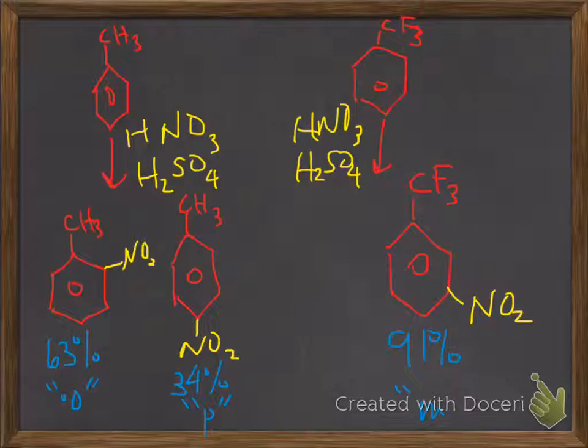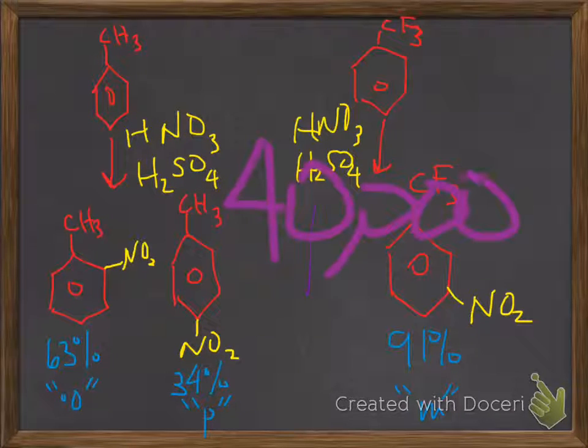Not only did you only get one, but amazingly, the one for the meta position is actually 40,000 times slower. So it's much, much slower than the toluene, which directs it to go to either the ortho or the para position.